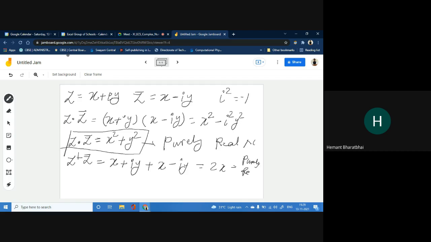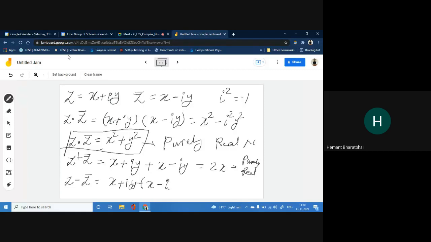Z plus z bar will give me x plus iy plus x minus iy, which will give me 2x. So again I get a purely real number. These are important results which I have to keep in mind. When I multiply a complex number with its conjugate, I get a purely real number. Similarly, when I add a complex number with its conjugate, again I get a purely real number.